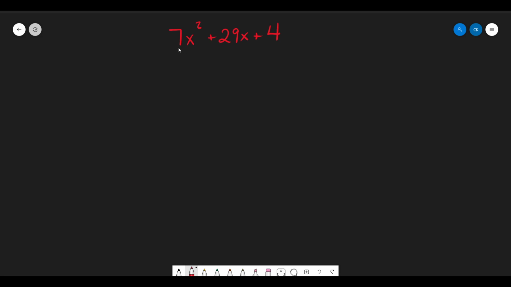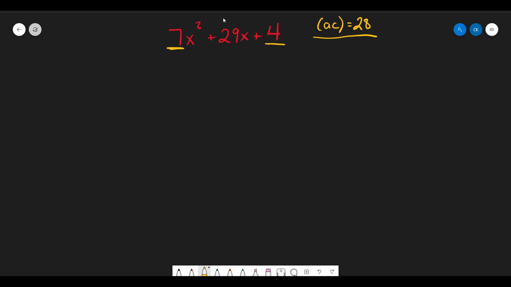So I can't do it in the normal way of just finding two numbers that multiply to get c and add to get b. I have to find two numbers that multiply to get ac. So the first thing I want to figure out is, well, what is ac? In this case, a times c, 7 times 4, is 28. So I'm looking for factor pairs of 28.